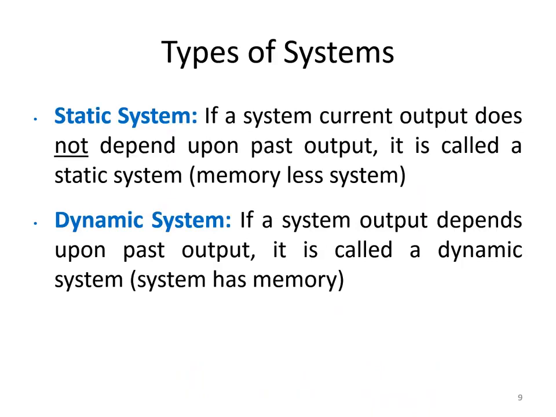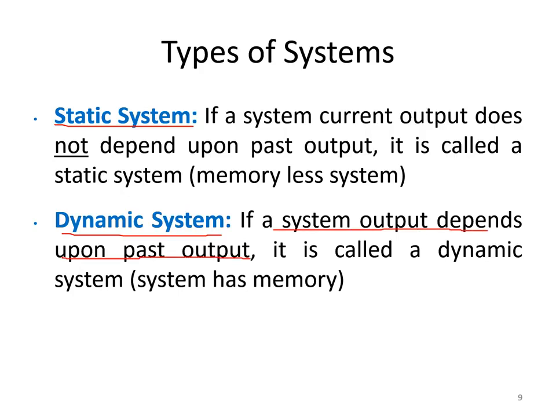Now, at this point, an important differentiation that needs to be made is the difference between the static system and the dynamic system. So we call a system dynamic if its output depends upon the past output.